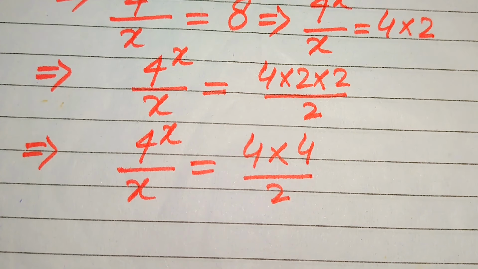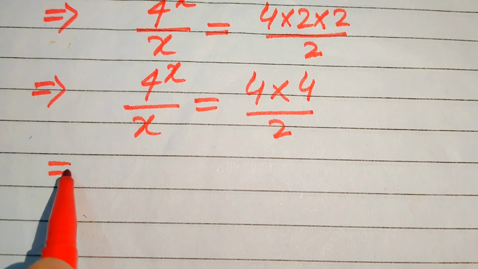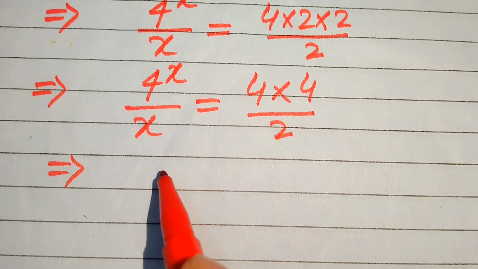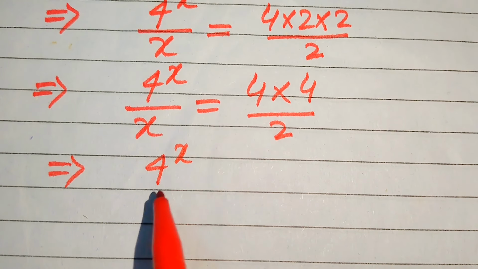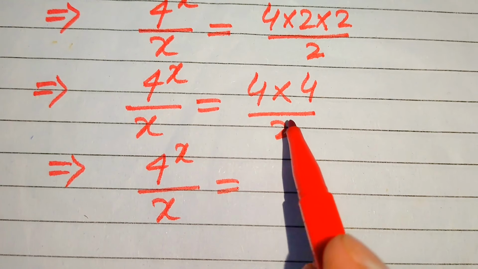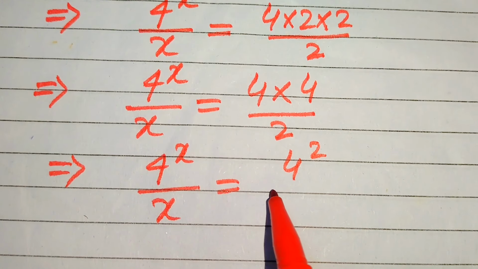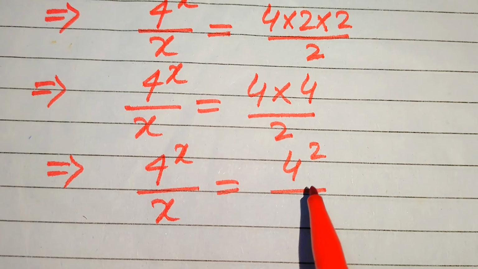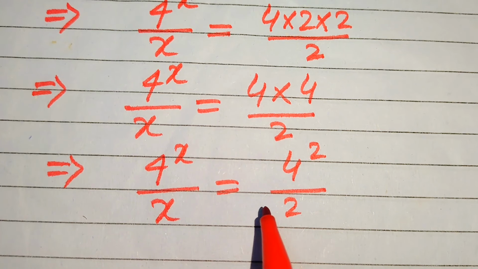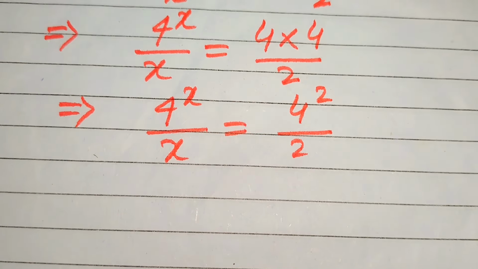Now in the next step we need to simplify the right hand side, and it will be written as 4 to the power of x divided by x is equal to 4 multiplied by 4, we write it as 4 squared, divided by 2. Now we compare both sides.